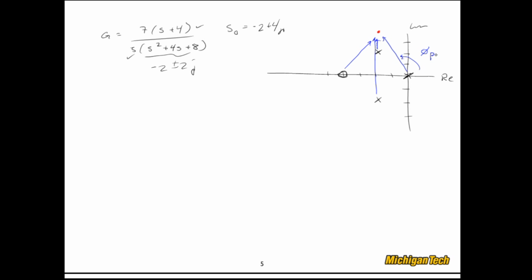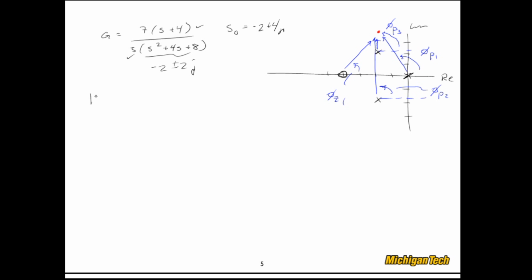I'm going to call that phi p1 for the phase of pole 1, this one phi p2, this angle phi p3, and this angle phi z1, because that has to do with a 0.